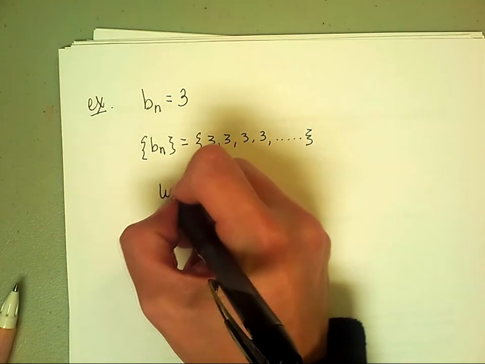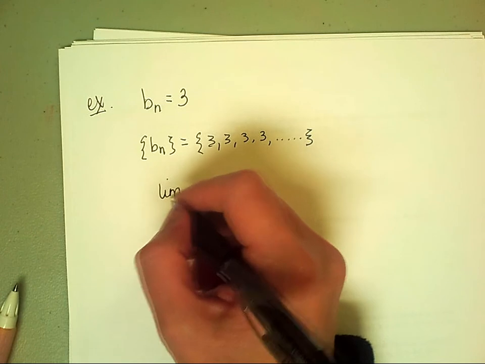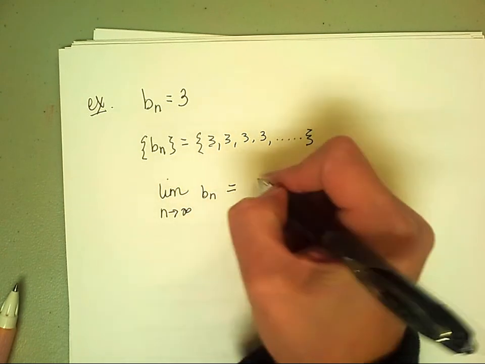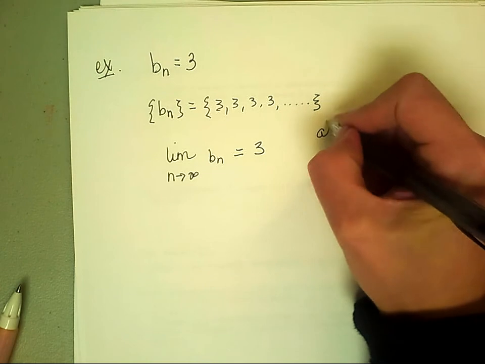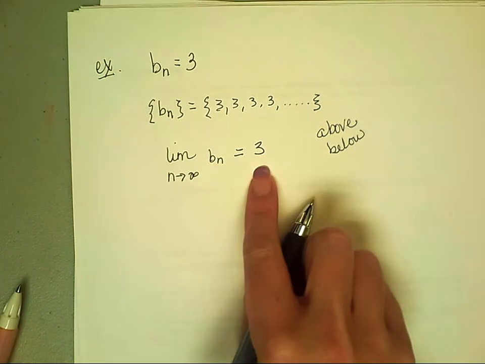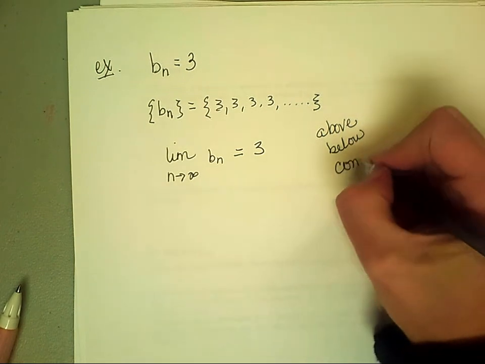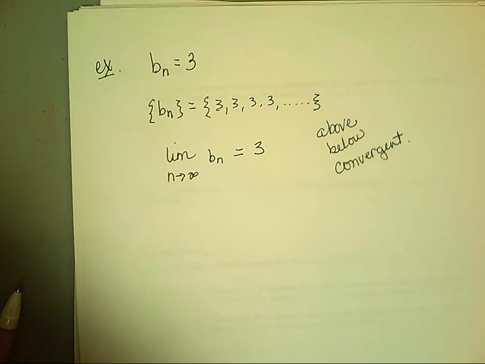Sure, it's the constant function, or not function, but a sequence. And so the limit as n goes to infinity of b sub n is just equal to 3. So this is both bounded above by 3 and bounded below by 3. The limit exists here, and therefore it is a convergent sequence.